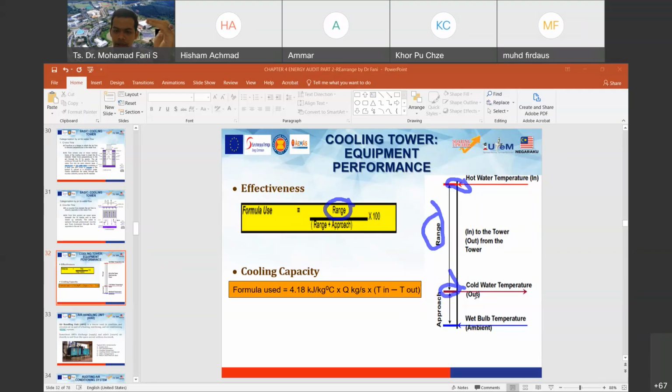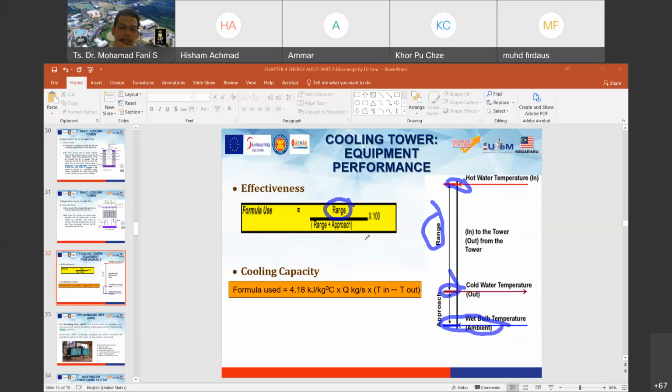The other parameter that we need to measure is the wet bulb, the ambient wet bulb temperature, and the cool water pipe out from the cooling tower. So range plus approach, multiplied by 100, gives us the effectiveness of the cooling tower.